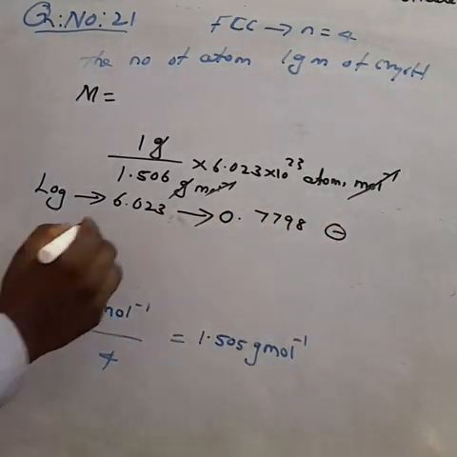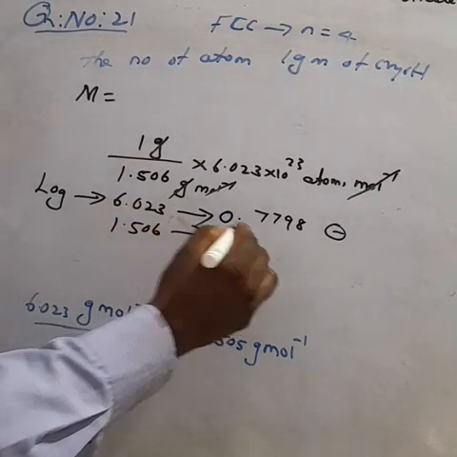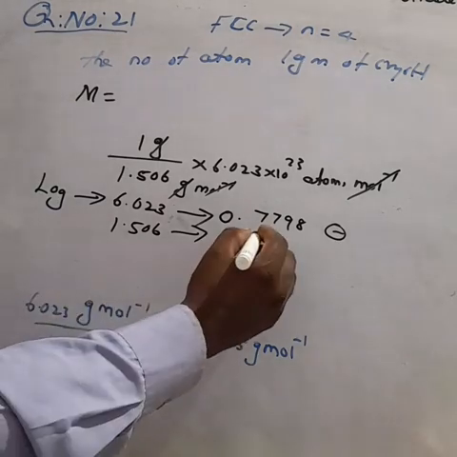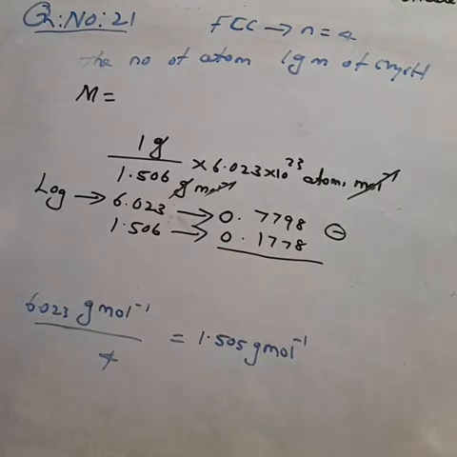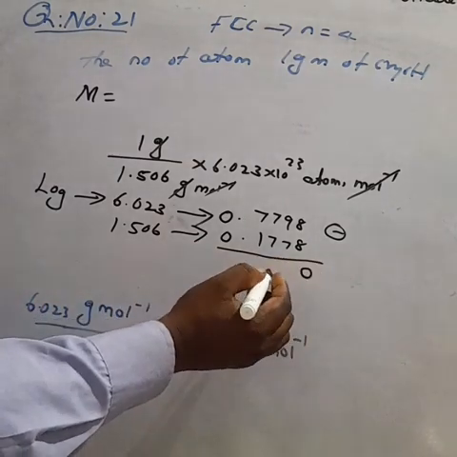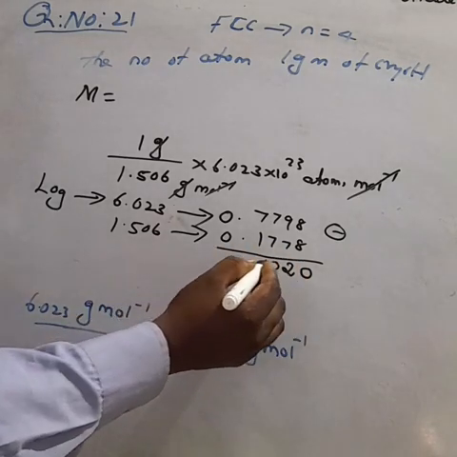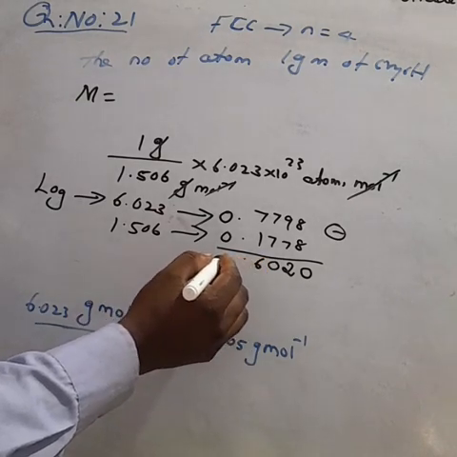Log 1.506 is 15 versus 0 and mean difference 6, which gives 0.1778. We are subtracting, not adding. 8 minus 8 becomes 0. 9 minus 7 becomes 2. 7 minus 7 becomes 0. 7 minus 1 becomes 6. So 0.6020.